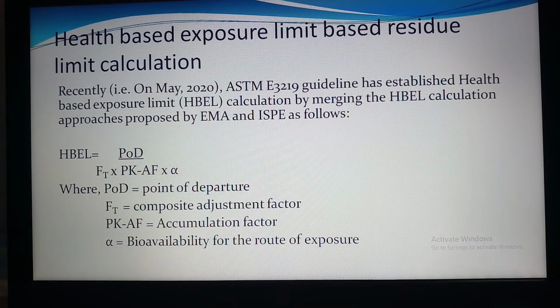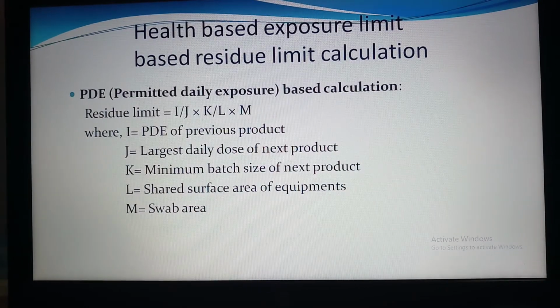For example, if parenteral route exposure-based ADE data is there, then the HBEL for the oral route can be calculated by taking this factor alpha. So now PDE is permitted daily exposure-based calculation. For the residue limit, the same formula is there, and in place of ADE, here I becomes the PDE.